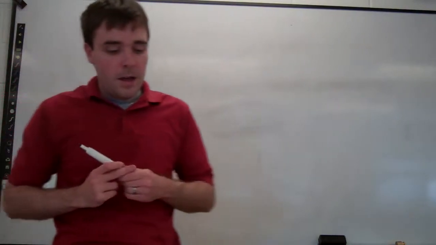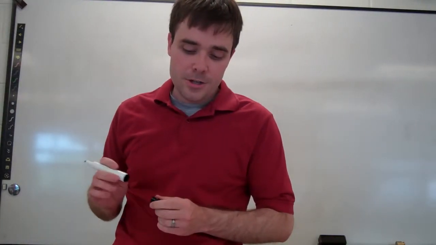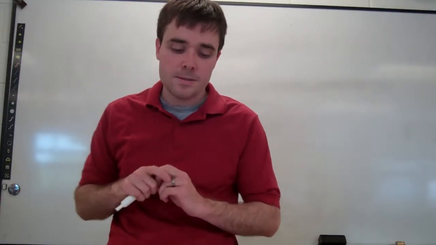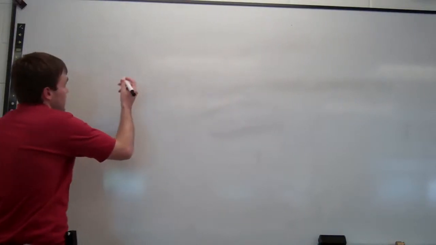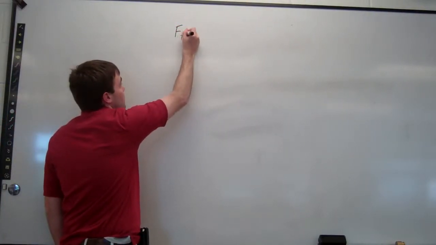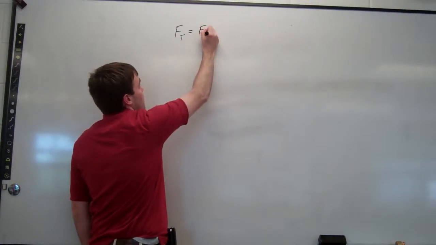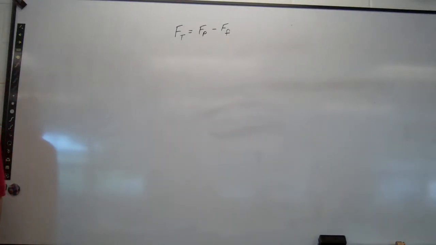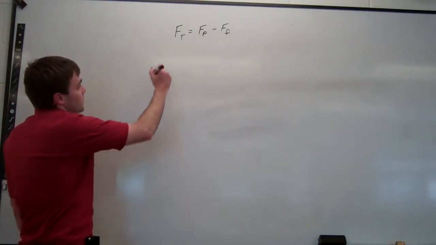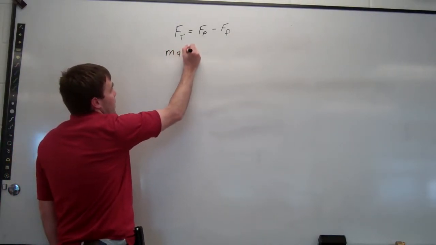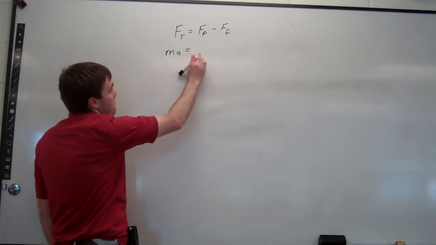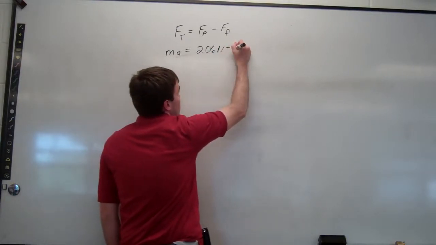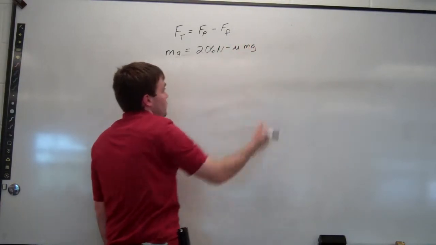Number 4. A force of 206 newtons pushes a box with an acceleration of 1.96 meters per second squared. If the coefficient of friction is 0.41, what is the mass of the box? Alright, so this is the same setup we had before. Our total force equals the force pushing it minus the force of friction. Make sense, everybody? So we have m a, and our pushing force is 206 newtons, minus mu m g for our force of friction.